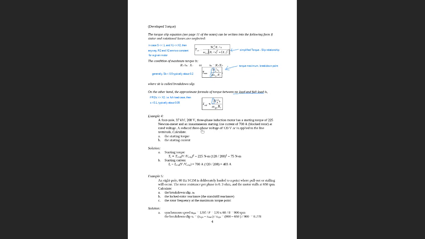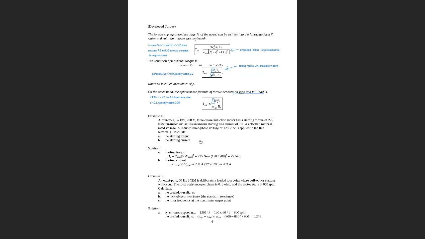A reduced 3-phase voltage of 120 volts AC is applied to the motor terminals. Calculate: 1, the starting torque; 2, the starting current. This exercise is about understanding motor starting.